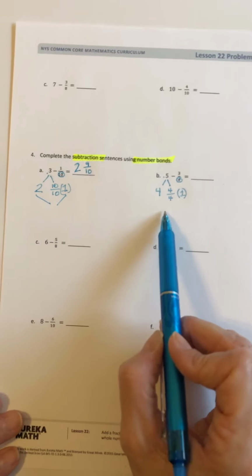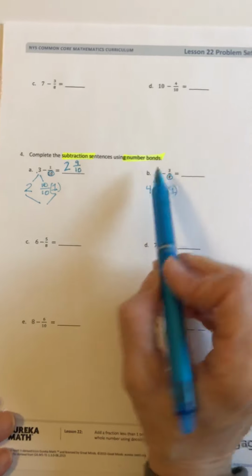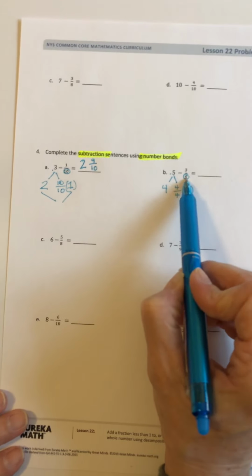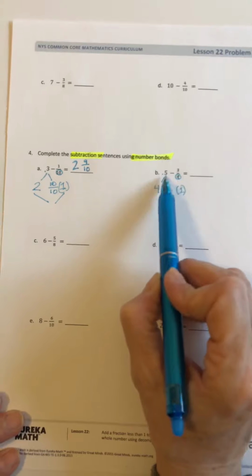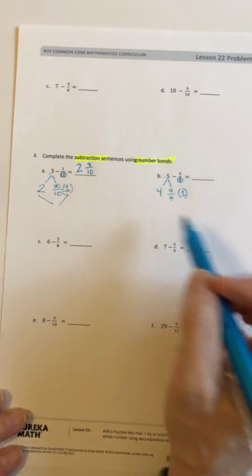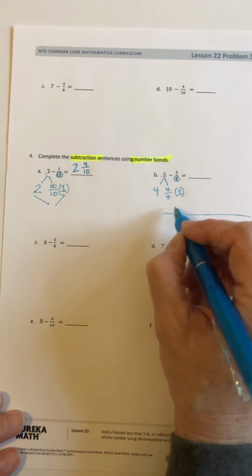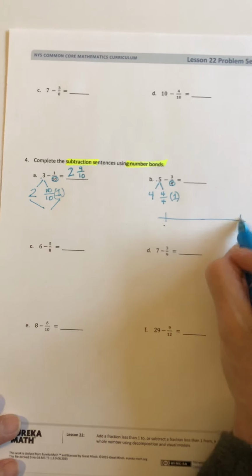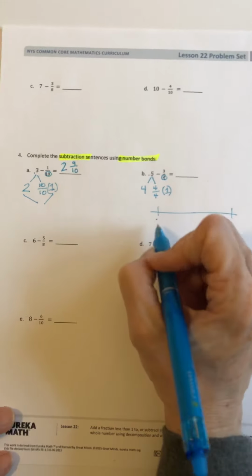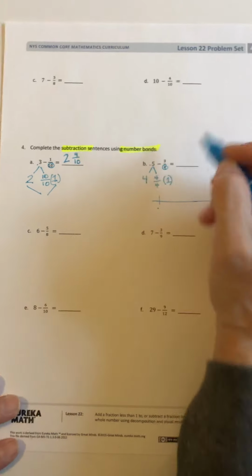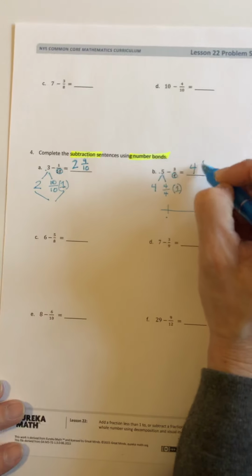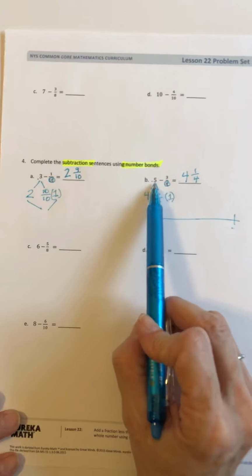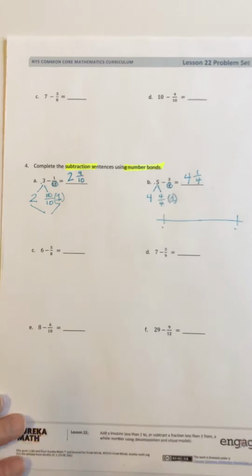And without the number line in our head, if we subtract 3/4, 3 sections of the number line, from 5, our number line would have gone from, remember, this whole to this whole. You end up with 4 and 1/4. 3/4 taken away from a whole leaves us with 4 and 1/4.